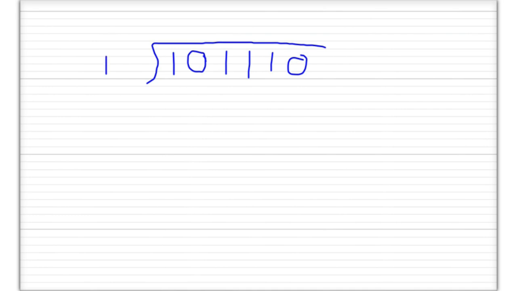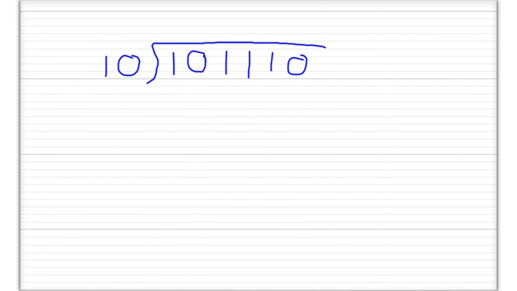We'll do 1 0 1 1 1 0 divided by 1 0. Actually, we might need to make a bit more room there. So we'll do 1 0 1 1 1 0 divided by 1 0. All right, so we're in binary now. So it's not 10, it's 1 0.